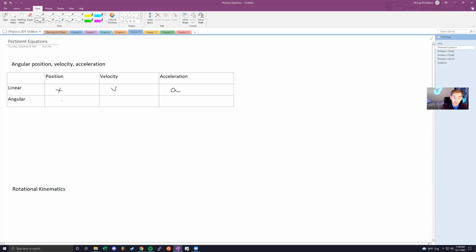So we're going to define our position by now some change in theta. We're going to define our velocity as something called omega, our angular velocity, and our acceleration, which we're now going to define as alpha. So the way we would actually say each of these is just theta, angular acceleration, and angular velocity, of those 3. But each one of these has their own definitions from a mathematical perspective.